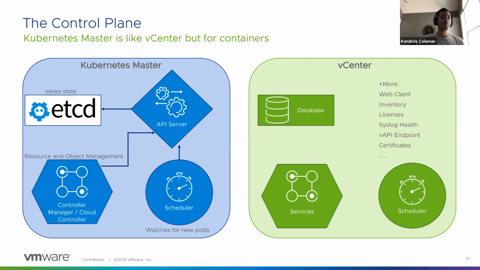These services are a little bit different because you have things such as the web client, inventory, licensing, and much more, but not everything is communicating over a singular API construct. However, there is an API service available, but not all of these are talking through API services. But as you can imagine, a Kubernetes master is analogous to your vCenter, really what's controlling your cluster at this point.